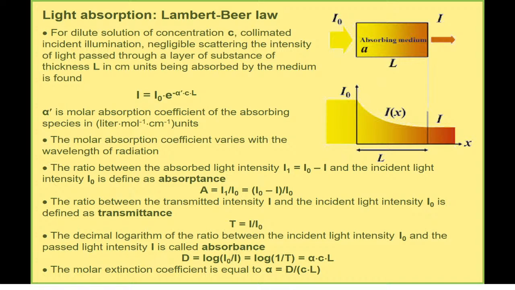So, if we talk about electromagnetic waves of those preferential wavelengths, the Lambert-Beer law shows how intensity changes when radiation crosses a particular substance of that molar absorption coefficient, of this concentration, and of this thickness of the layer of that substance.